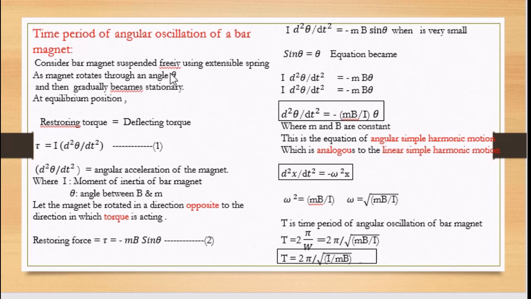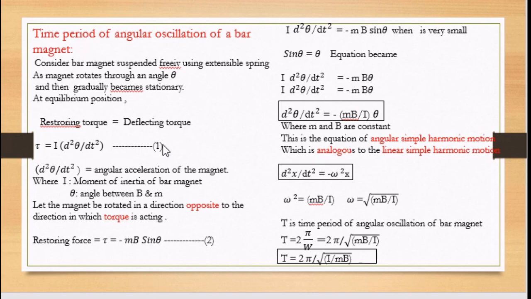At the equilibrium position, the restoring torque is equal to the deflecting torque. Then the restoring torque tau is equal to I into d square theta upon dt square.